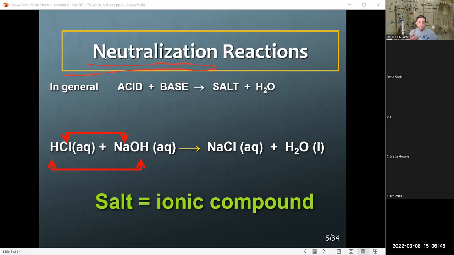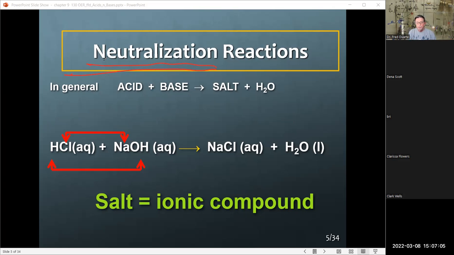What do you ingest? You ingest a base, Tums, Maalox, anything of that type. That base then reacts with the acid in your stomach and neutralizes it and lowers the acid concentration, in hopes of making you feel a little better.